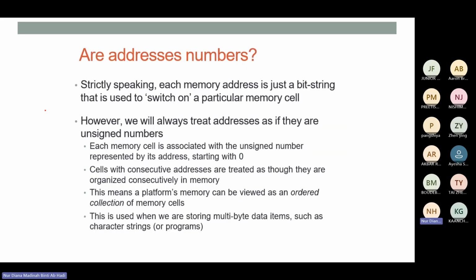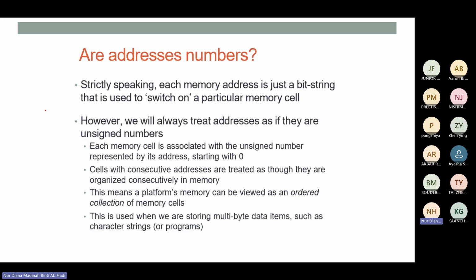So all the addresses are numbers. Strictly speaking, each memory address is just a bit string which is used to switch on a particular memory cell. However, we will treat the addresses as unsigned numbers. That's why you previously learned about signed and unsigned numbers. Each memory cell is associated with an unsigned number represented by the address, starting with 0.